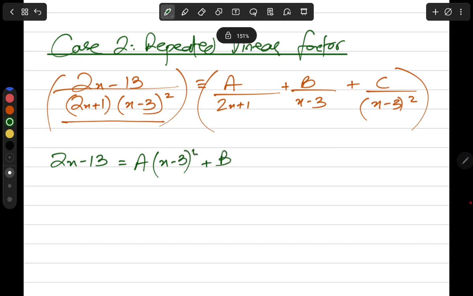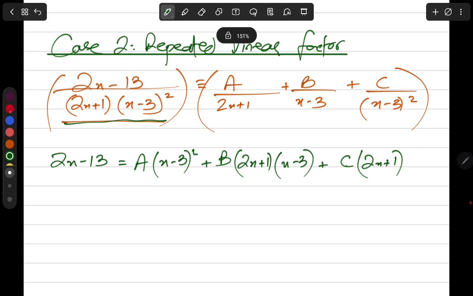Now b, when it gets multiplied with this, 1 x minus 3 factor gets cancelled, so it is left with 2x plus 1 and 1 x minus 3. And now this third term also gets multiplied by the entire denominator on the left hand side, so x minus 3 whole square gets cancelled in the numerator and denominator, and all you are left with as a coefficient of c is 2x plus 1. Right, now you can start substituting values.